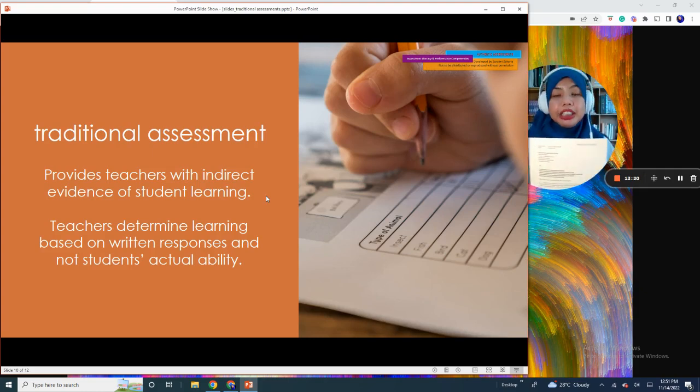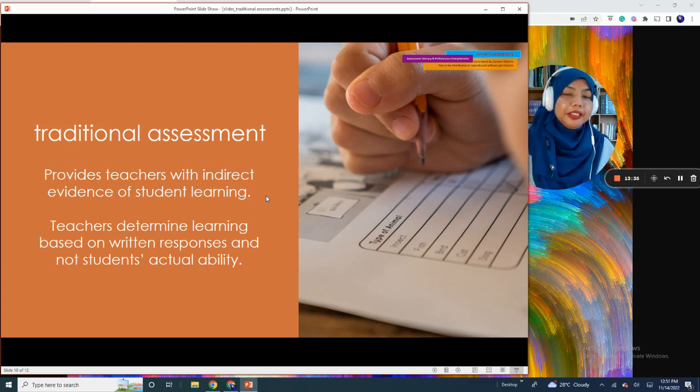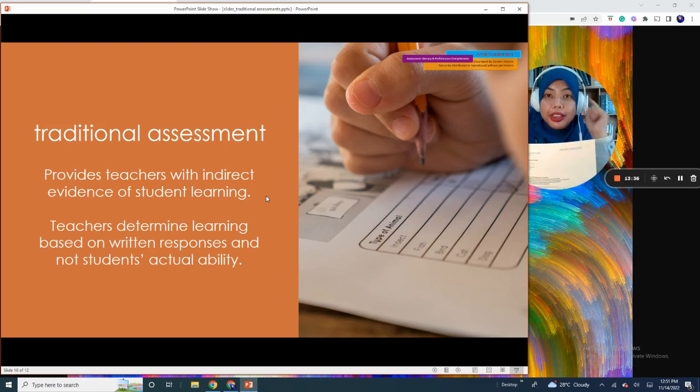Another limitation to traditional assessment is that it is perhaps appropriate to learning related to cognitive, related to rationalizations, justifications, all those related to your thinking.